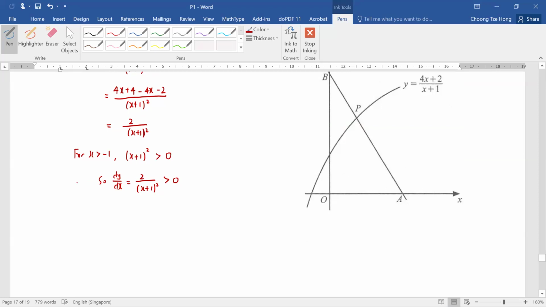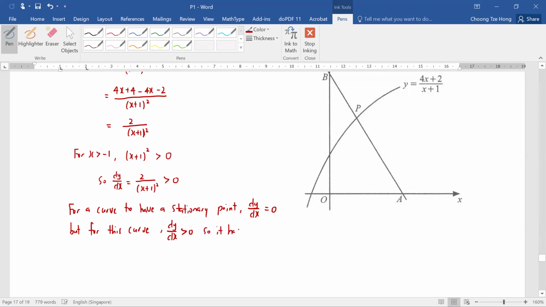So what we can say is that for a curve to have a stationary point, dy/dx must be equal to 0. But for this curve, dy/dx is always positive, always greater than 0.